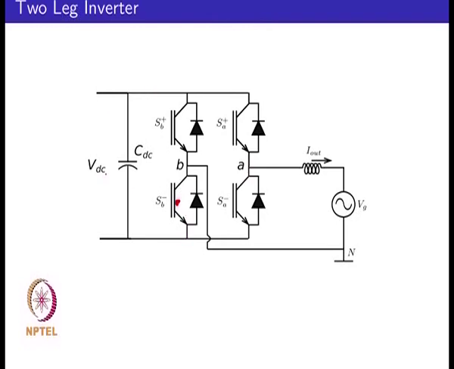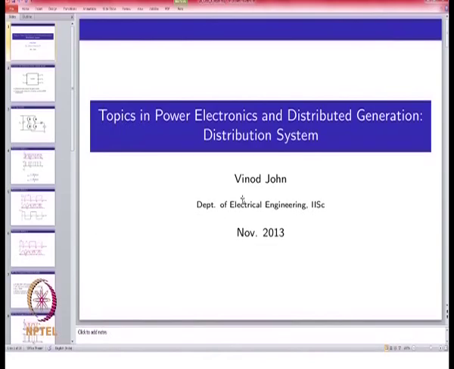So, using VDC you could synthesize a positive voltage. If you want to synthesize a negative voltage, you could turn on this particular leg and switch the leg A. So, because now leg B is connected to positive, you have minus VDC, and by appropriately switching leg A, you could synthesize a negative polarity output voltage.